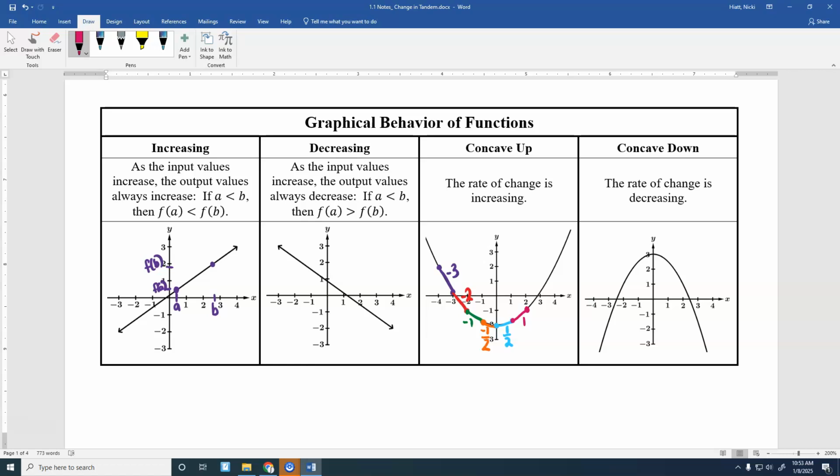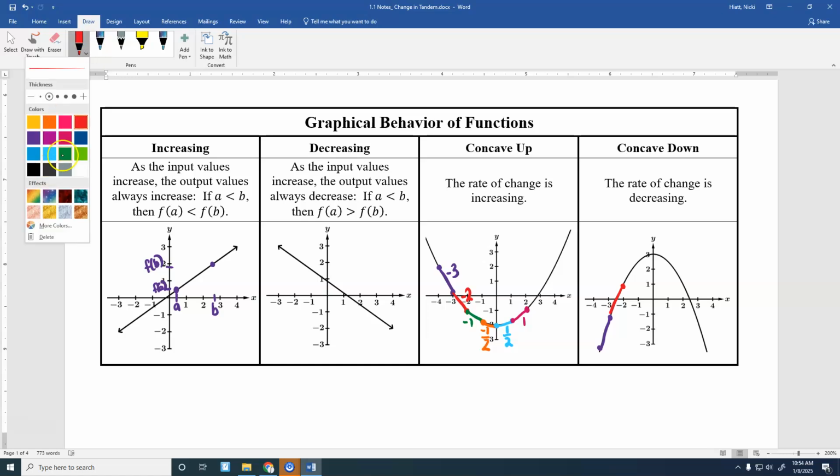whenever you have something that's concave up. Okay? Concave down is very similar. So in this case, we would have, from here to here, that little section of line. And then if we just keep going, we got this little section of line.